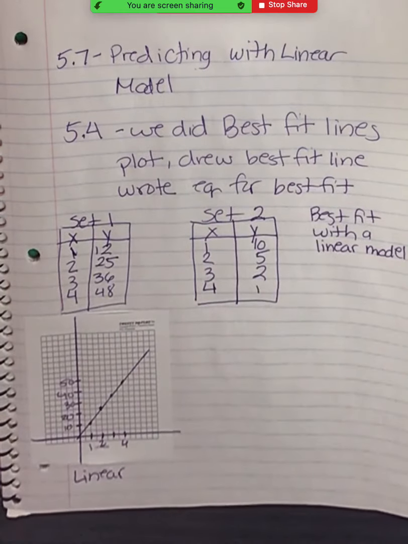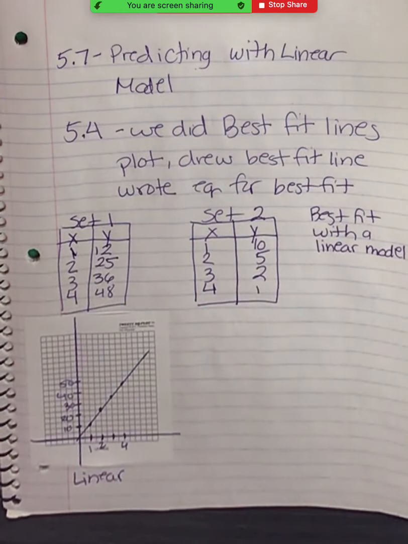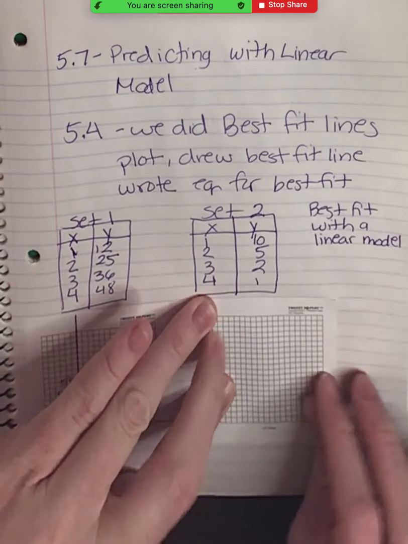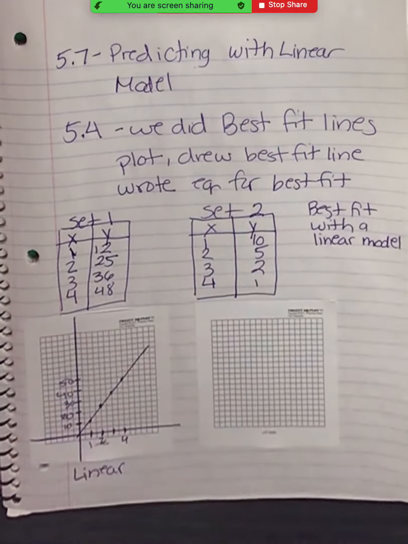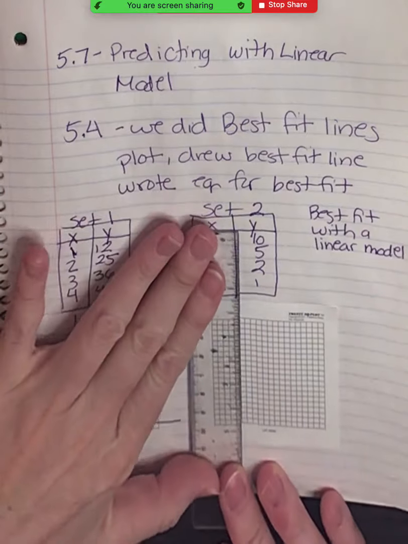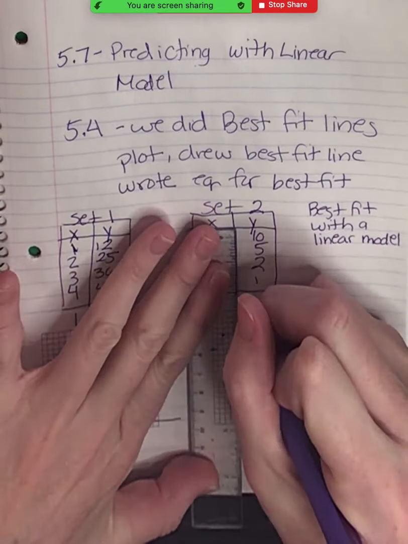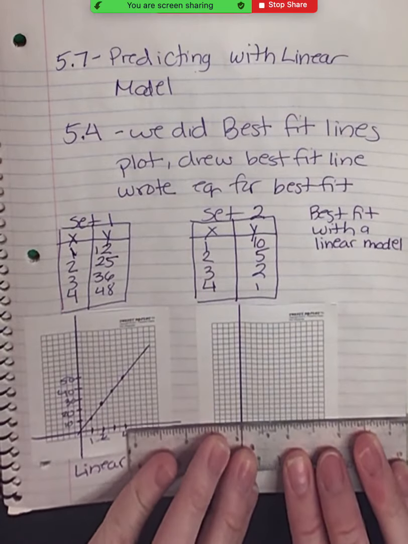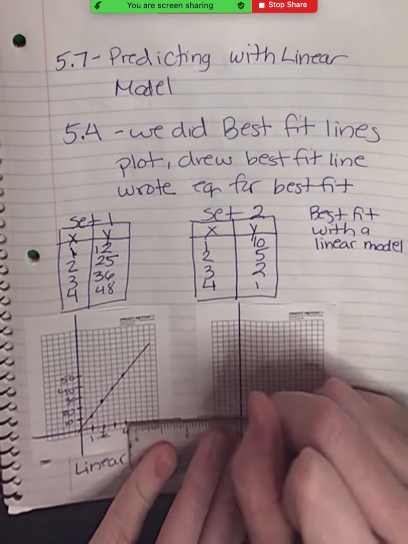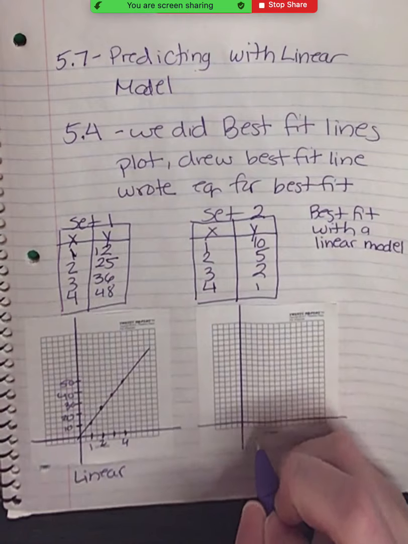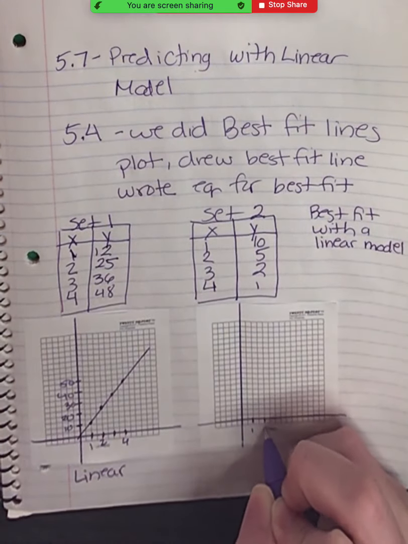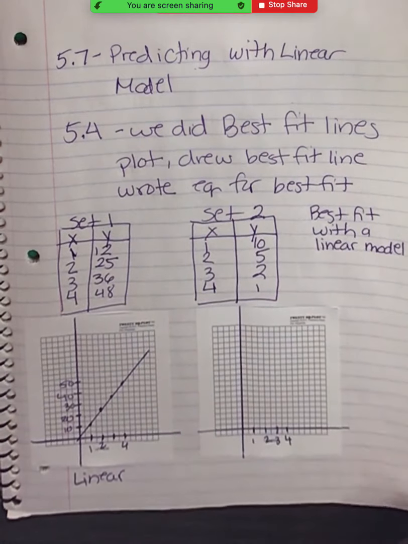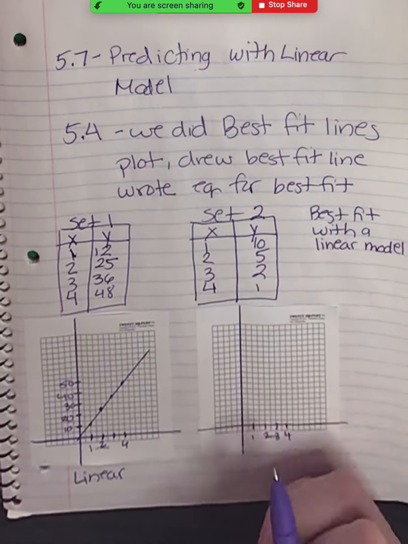Let's see if our second data points are linear. Okay, so again, draw your X and Y axis. We will go by 1 on the x again. So here's 1, 2, 3, and 4. And then we could go by 1 on the y.